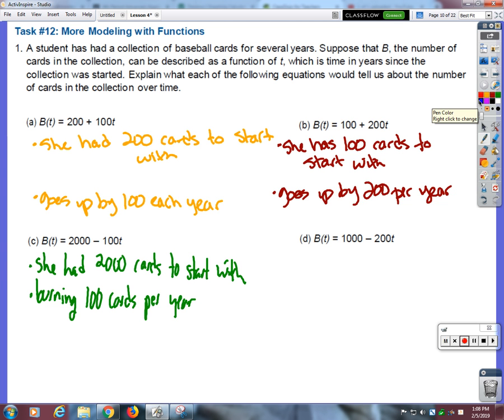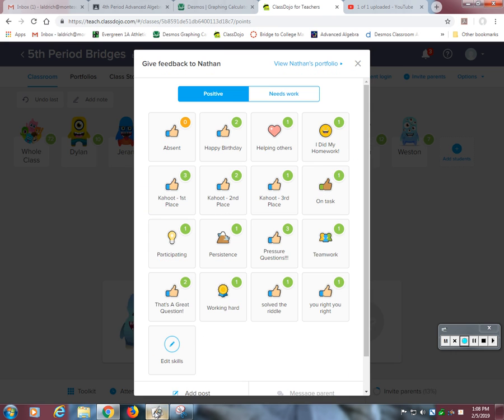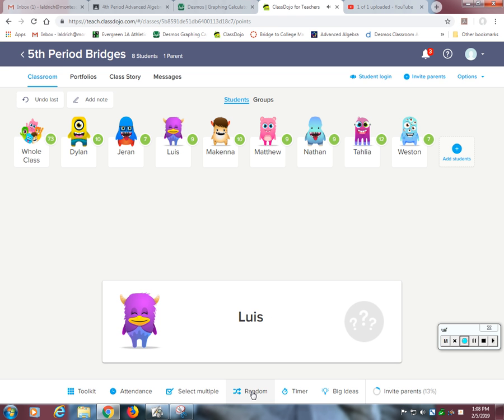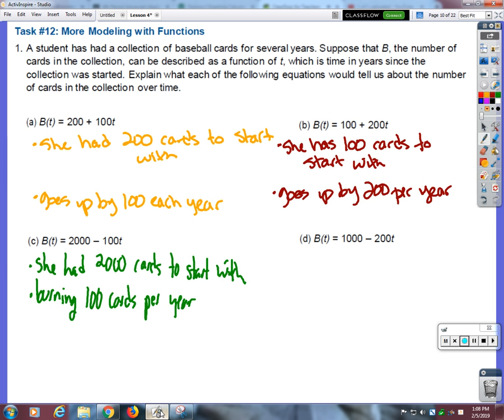Yeah, so again, the number by itself is the y-intercept, how many cards she's starting with. This time the slope is negative, so that means one way or the other, the number of cards is going down. You're right. We don't really know what's causing her collection to go down. We just know that it's going down. Luis?